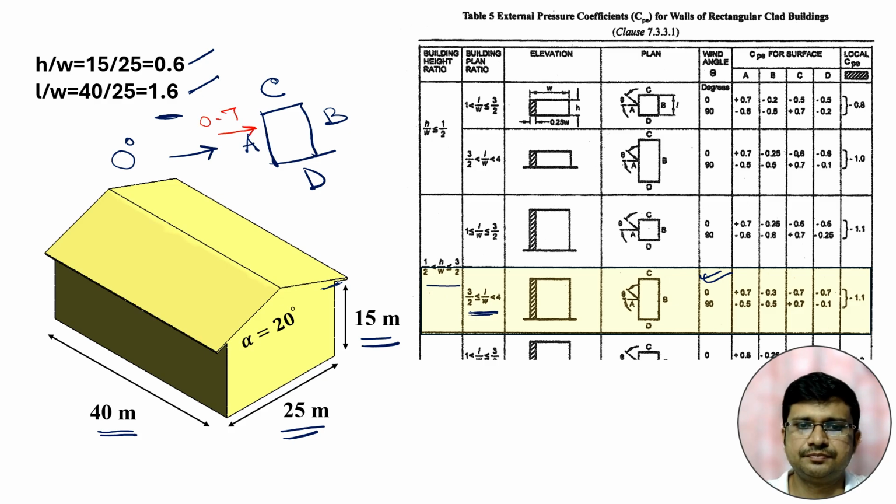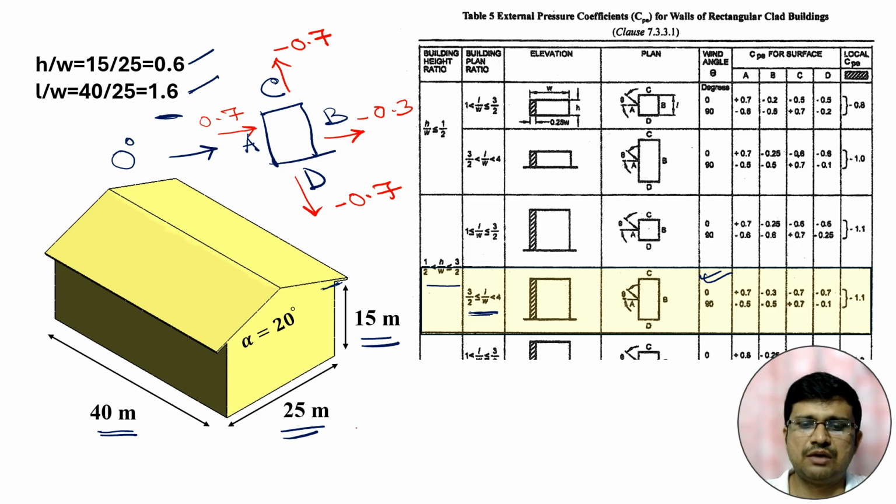For B, it is minus 0.3. Minus means pull. And for faces C and D, it will be minus 0.7, again pull. So this is the CP value for the wall, not for the pitch roof.